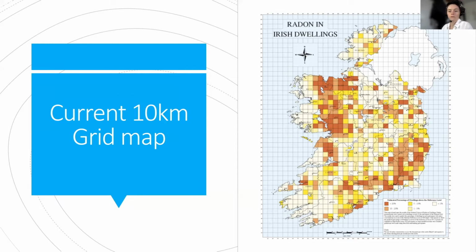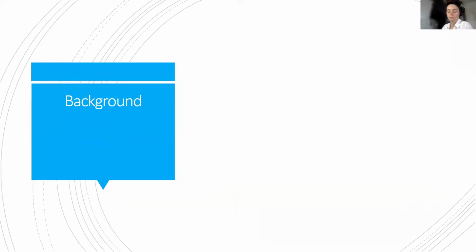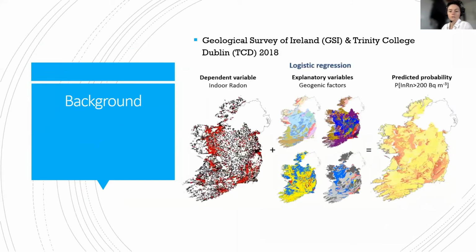To that end, we have some background on previous work that was done. This test study follows on specifically from a research project carried out in 2018 by the Geological Survey of Ireland and Trinity College Dublin. If we consider that radon occurs in bedrock, this research from TCD and GSI applied a logistic regression model to predict the likelihood of radon levels above the national reference level.